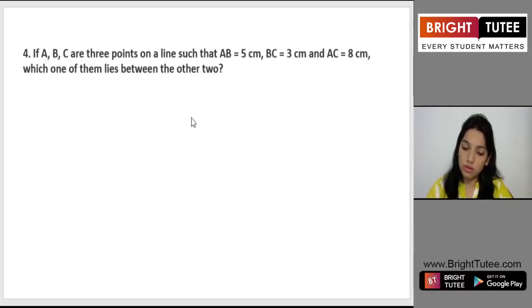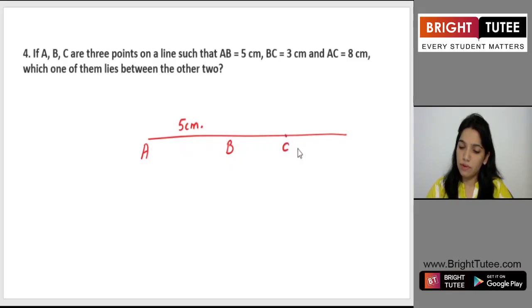So let us draw this. It says that we have a particular line segment. Let this be the line segment, say from A to B, it is 5 centimeters. From B to C, let's say this be C, and this is say 3 centimeters.